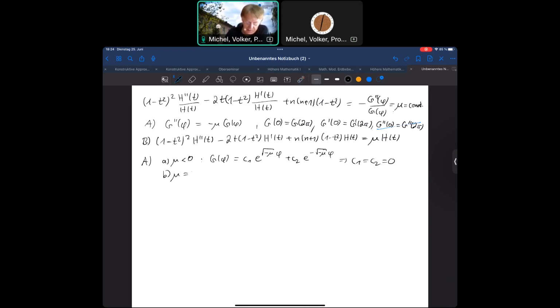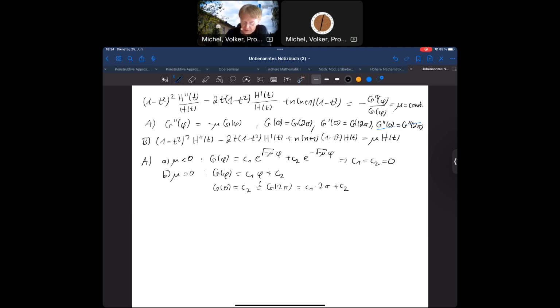Now, if mu is 0, you get a different solution. It's very easy. If mu is 0, the equation is G double prime equals 0, which means G is a polynomial of degree 0 or 1. So it's C1 phi plus C2. Now let's have a look at the first condition. G of 0 equals G of 2 pi, which means G of 0 is obviously C2, and this is supposed to be G of 2 pi, which is C1 times 2 pi plus C2.